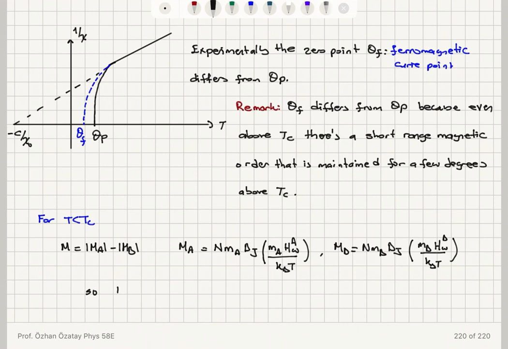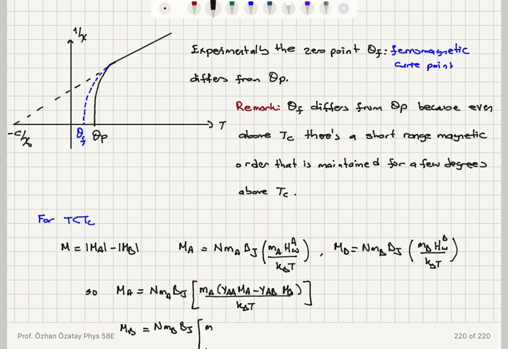So we can find MA is equal to n, the magnetic moment per A ion, times a Brillouin function evaluated at (gamma AA MA minus gamma AB MB) divided by kBT, and at the same time we have MB equal to n, the number of ions per volume, times the magnetic moment per B ion, times the Brillouin function evaluated at (gamma BB MB minus gamma AB MA) divided by kBT.